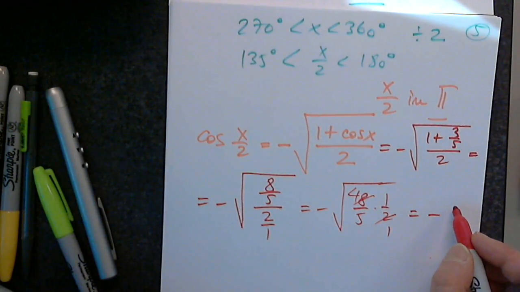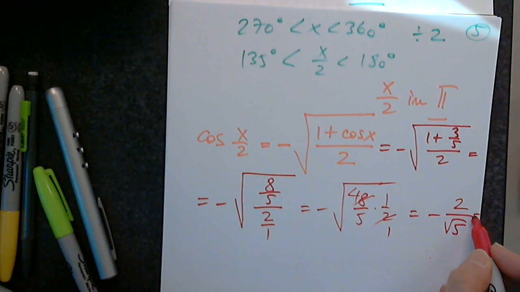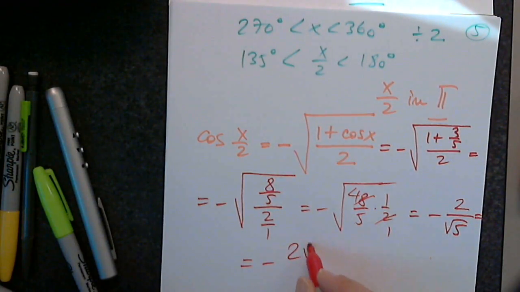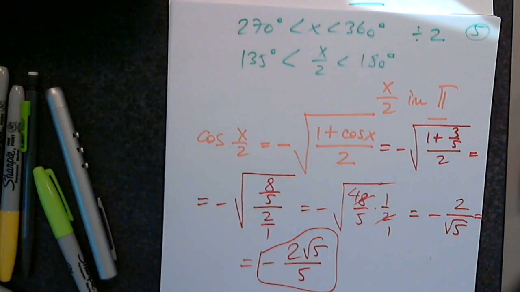So it's negative 2 over the square root of 5, and I will rationalize. Good, next question.